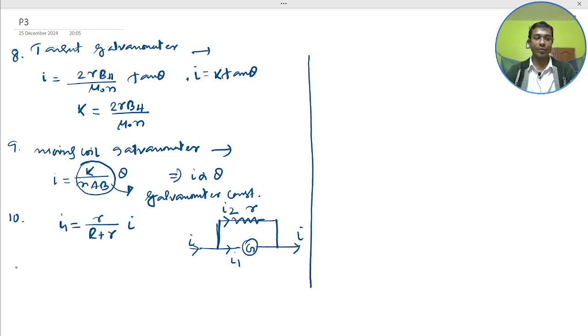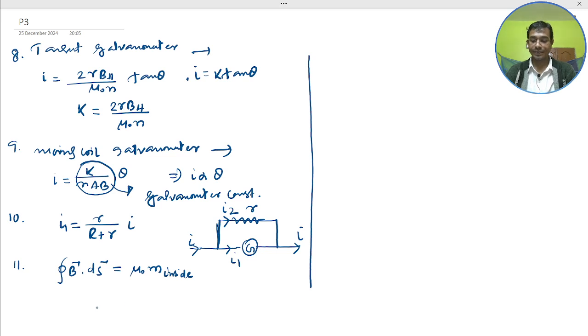Gauss law for magnetism. As per electrostatics, basically the surface integral of B dot ds in a closed loop is equal to mu naught m inside. M is the pole strength, m inside.